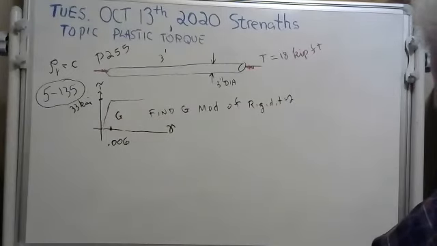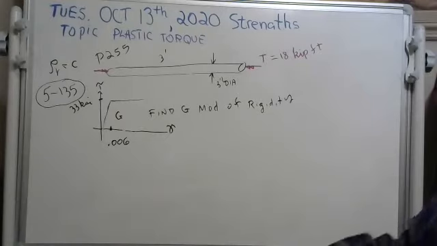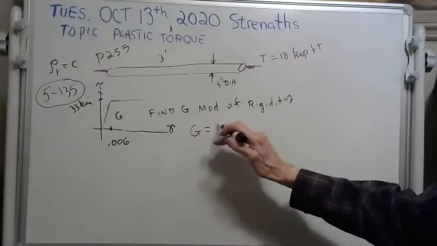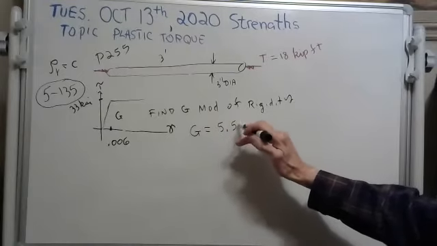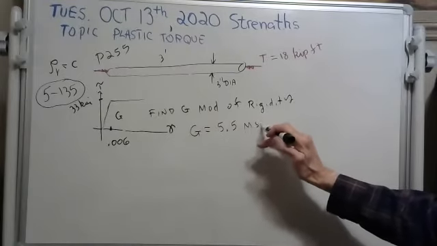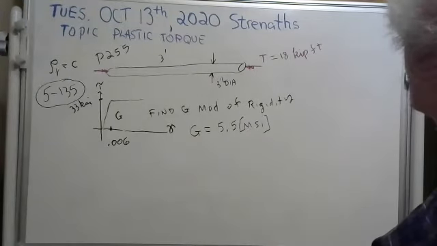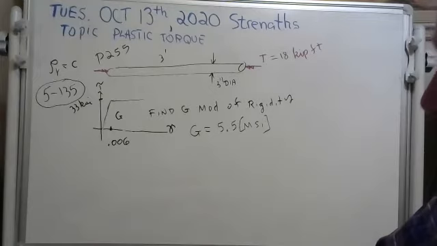I got 5.5 MSI. You know what? He's got it right. It's 5.5 MSI. Now, do I need to explain that to anybody, or are you all happy with that? Okay. I guess you're happy.